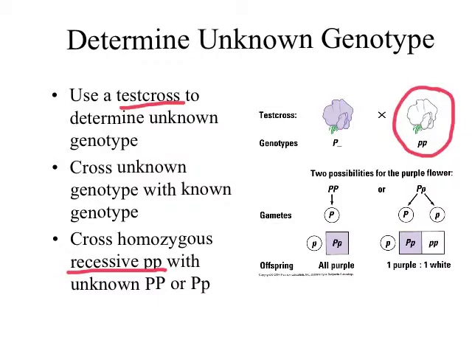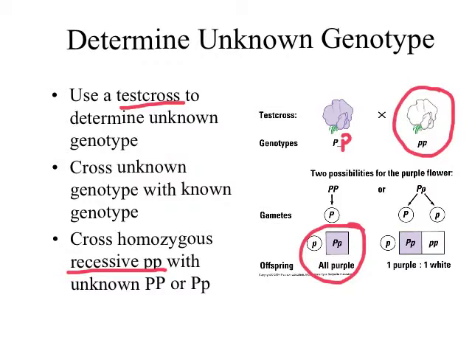If we see that all of the offspring from these two are all purple, then we know that this has to be big P, big P, because we have to have the dominant P's in all situations in our Punnett square to be all purple.